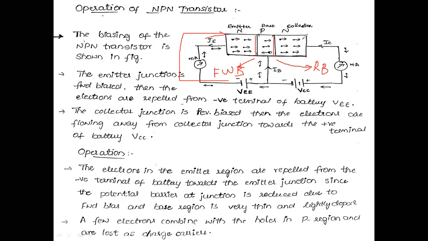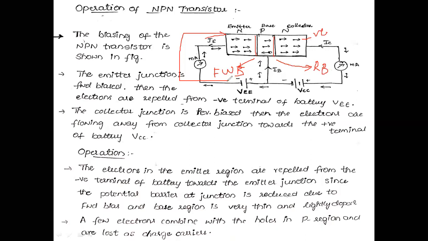These electrons possess negative charge, and these negative charges are attracted towards the positive terminal of the battery. Here it is connected to the negative terminal of the battery, and these two charge carriers are equal. Therefore, these electrons will flow towards the collector.